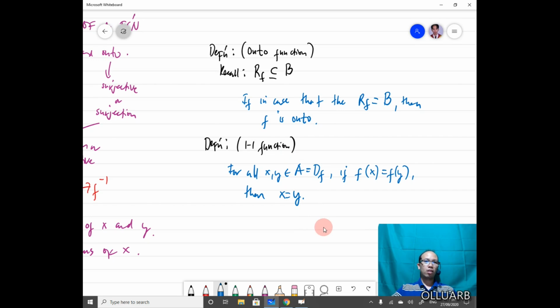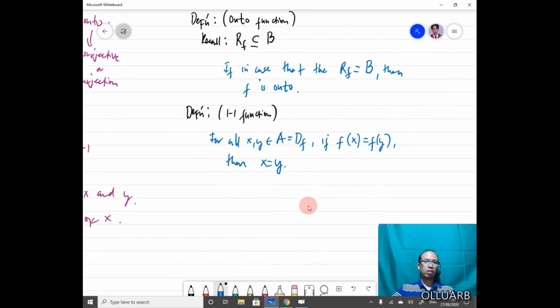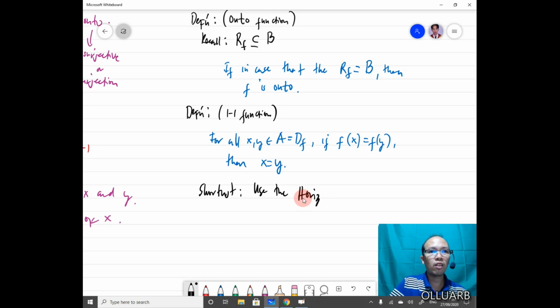But there is a shortcut here, though you cannot use this as a formal shortcut. There is a shortcut: use the horizontal line test.